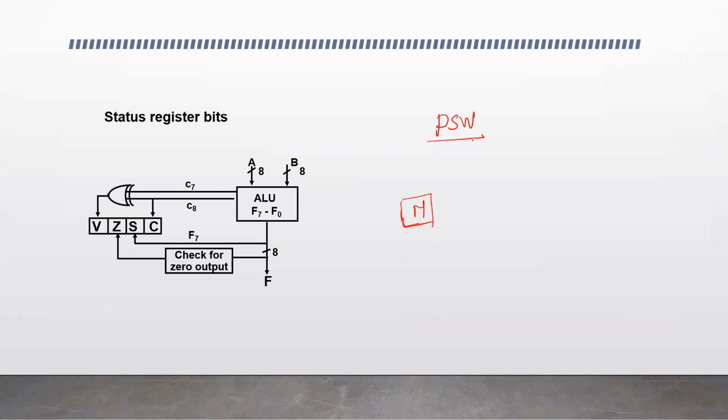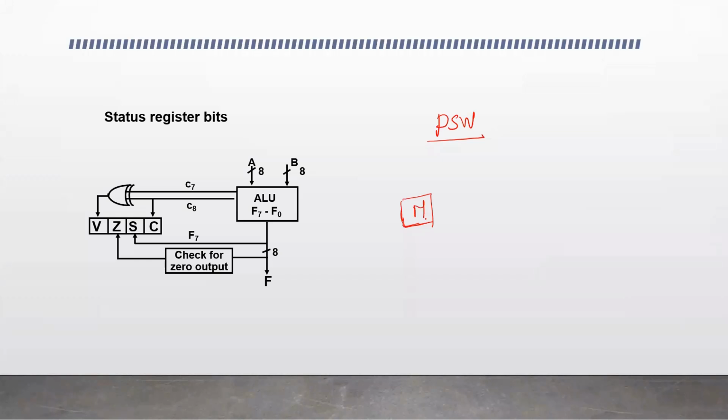So what is this program status word? It is the combination of all these status bits. The program status word includes these bits: V, the overflow bit, Z, sign, and carry, that show the status of the result of an operation, and the mode bit that shows the mode in which the CPU is operating at that moment, whether it is in user mode or in supervisor mode.